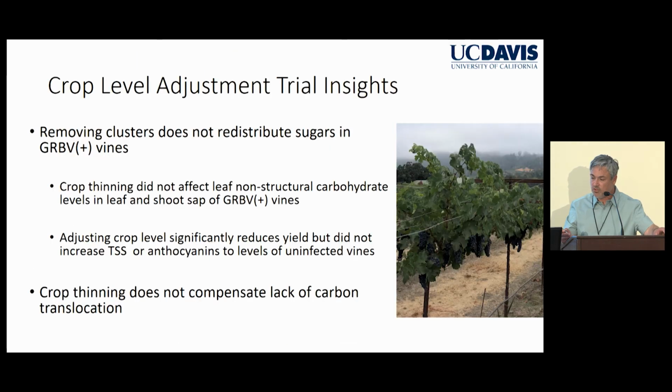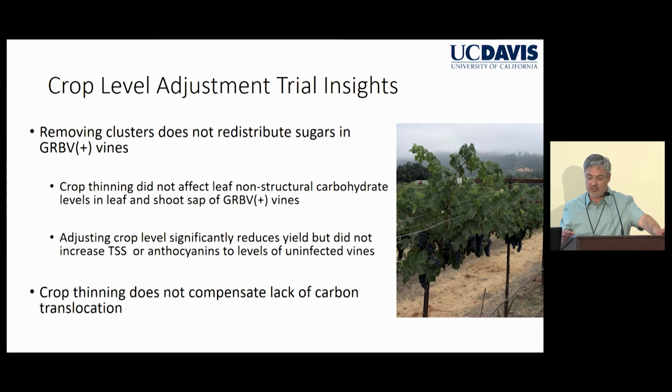So some of the takeaways that we learned from this trial: by removing clusters, we were not able to redistribute sugars. We're not able to funnel more into fewer sinks as we would have hoped. So this was evidenced by the fact that we're not able to affect the sugar level in the leaves through crop thinning, as well as sap levels were still much lower in sugars for red blotch infected, regardless of cluster thinning.